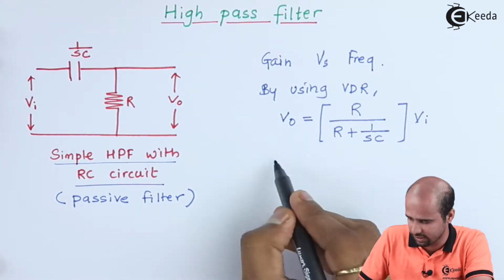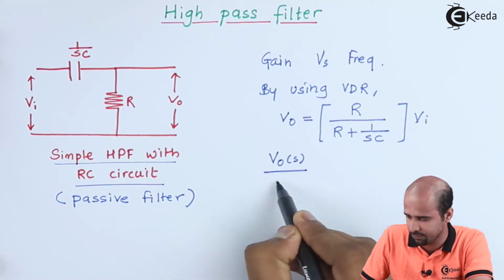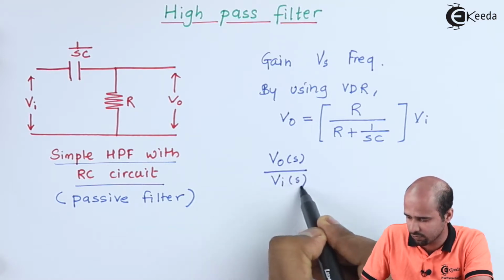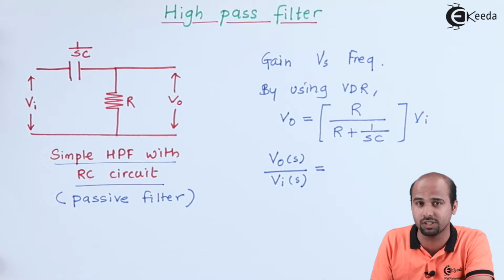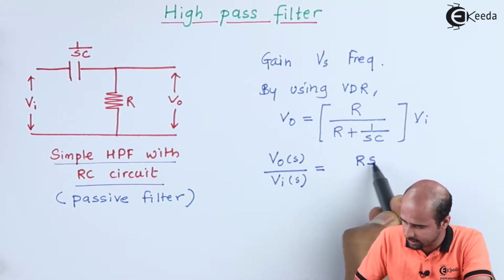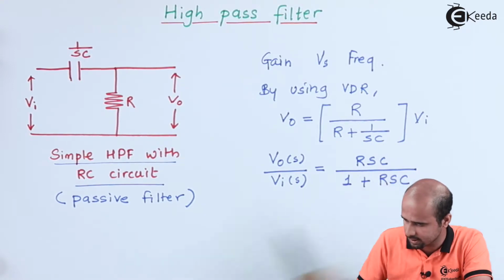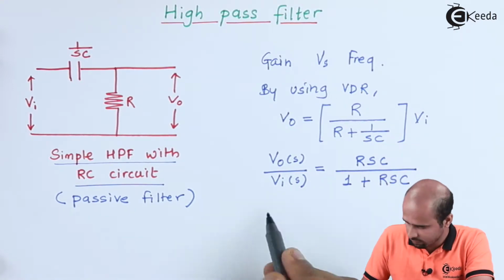So more specifically we will write it as VO, which is function of frequency, VI, which is function of frequency, and that function of frequency is due to one element, that is the capacitor. So here we will be getting RSC divided by 1 plus RSC.